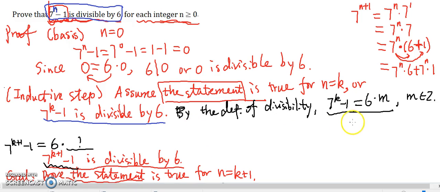We're going to have to make connections between the left-hand sides because they are different. So we use what we talked about at the beginning, the algebra part. We rewrite 7 to the k plus 1th power as this right here.